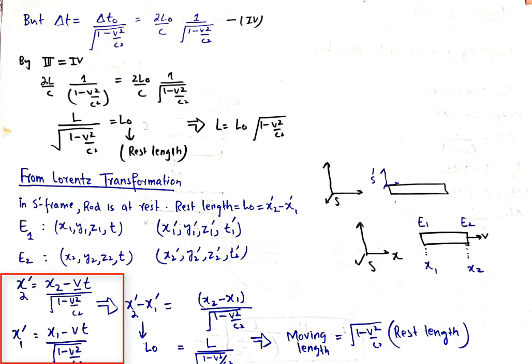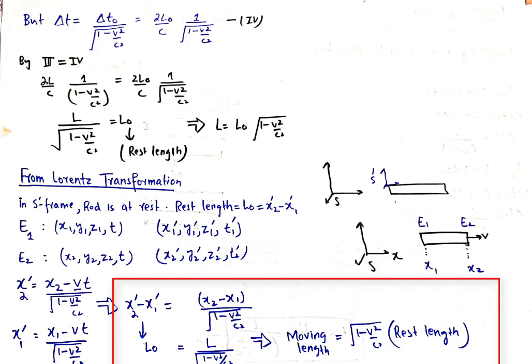So x2 prime minus x1 prime will be equal to, if we subtract these two equations, since we have minus vt and plus vt, this will cancel out, so we will be left with x2 minus x1 divided by square root of 1 minus v squared by c squared. But this x2 prime minus x1 prime is the rest length, because in S prime frame the rod is at rest.